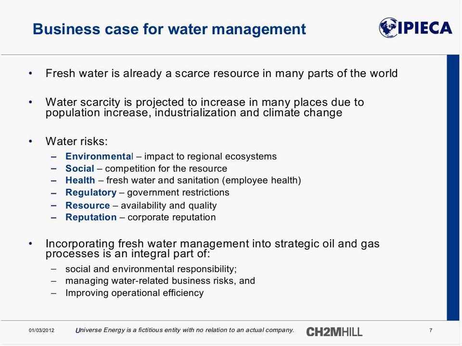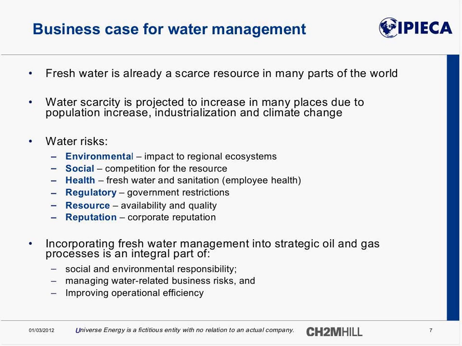The business case for water management for Universal Energy is shown on this slide. Fresh water is already a scarce resource in many parts of the world, and scarcity is projected to increase in many places due to population increase, industrialization, and climate change.